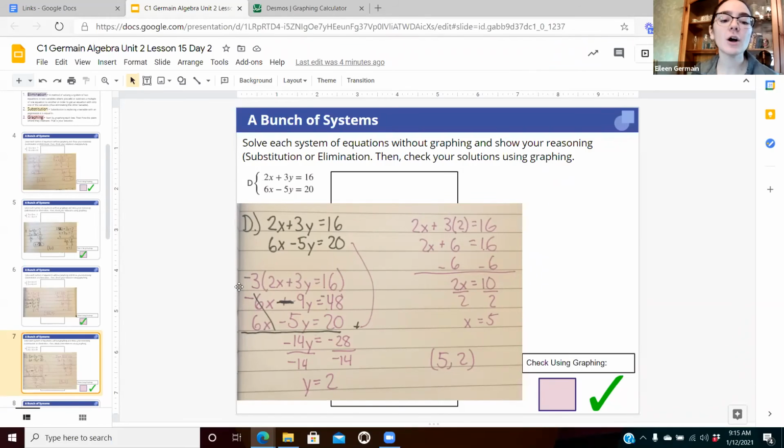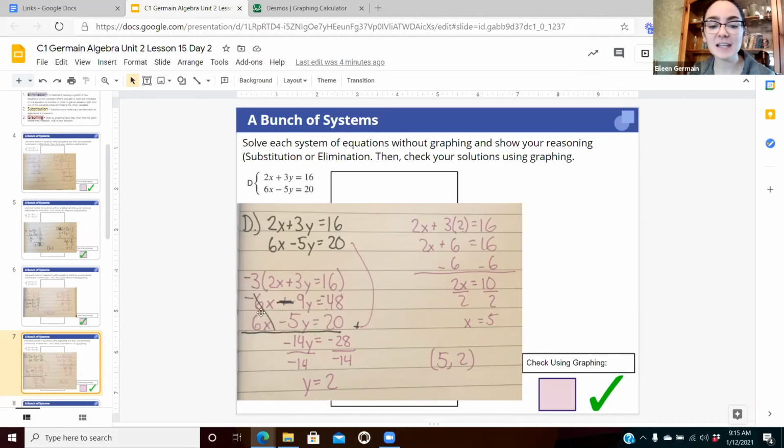So if we multiply all of the terms by negative 3 here, this is going to be rewritten as negative 6x minus 9y is equal to negative 48. Then I can do my addition of my 2 equations.